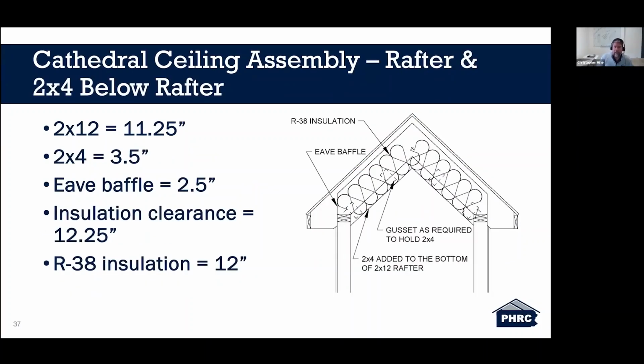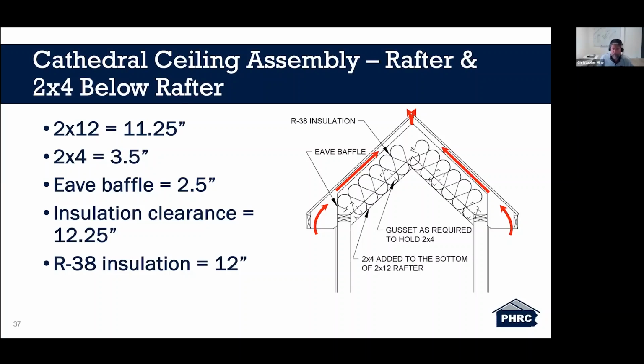So the second assembly that I want to quickly take a look at is still a raftered ceiling assembly. It's still a vented ceiling assembly, but what we're doing is adding 2x4s to the bottom of the 2x12s being used as rafters, your structural components of this roof ceiling assembly.